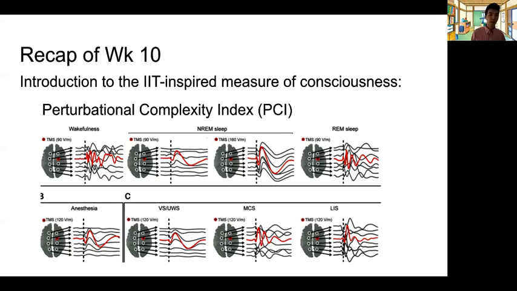However, under non-REM sleep, general anesthesia or vegetative state, unresponsive wakefulness syndrome, the response evoked by the TMS usually dies out really quickly, or it generates a uniform activation, which also dies out really quickly. The PCI quantifies the complexity of the evoked response in some way, and it seems to be working as the most promising measure of level of consciousness. And that's what I explained last week.